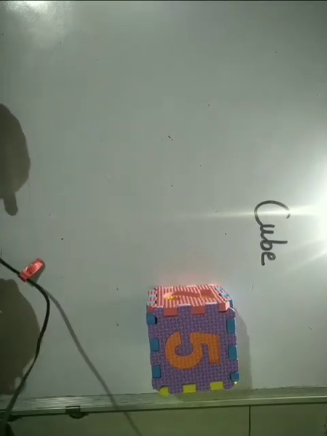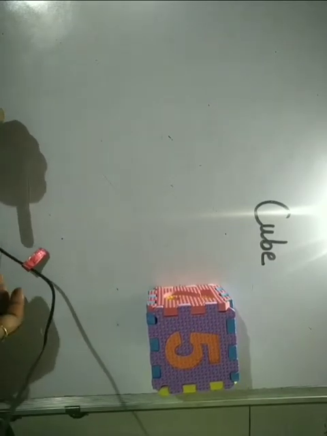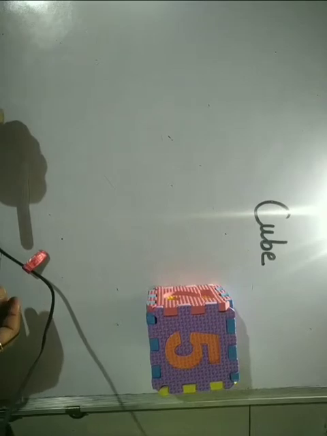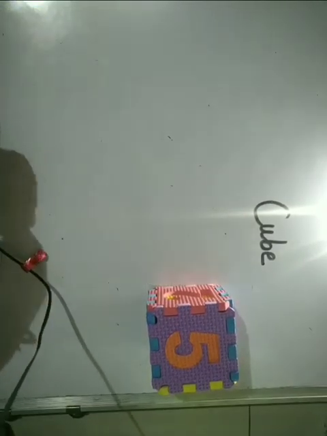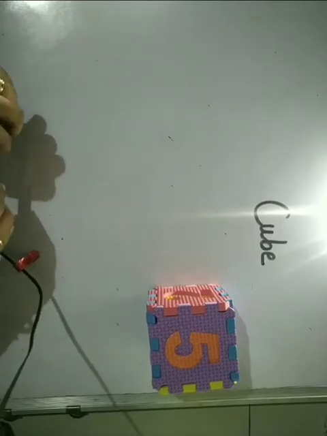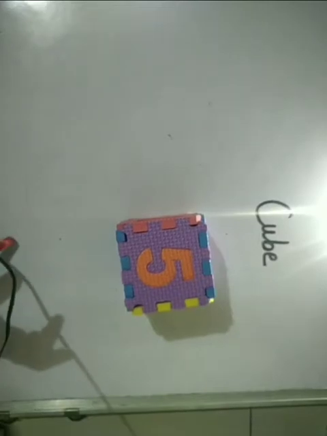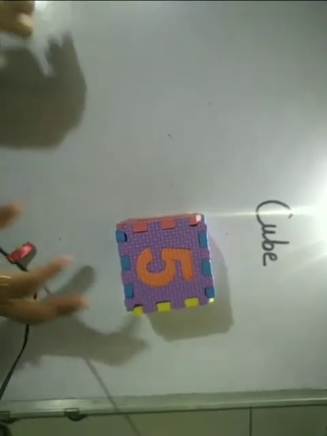The volume and area differences you already studied in the previous standard. What is volume? What is area? Even I am going to tell you right now what is the difference between volume and area. But before that, let's first understand and discuss about this shape.